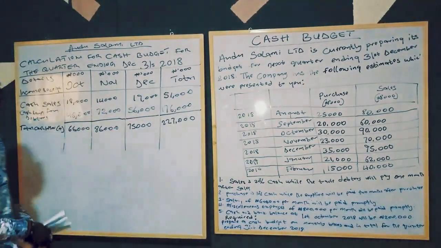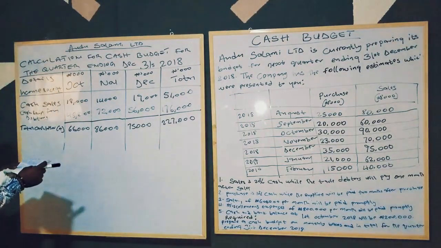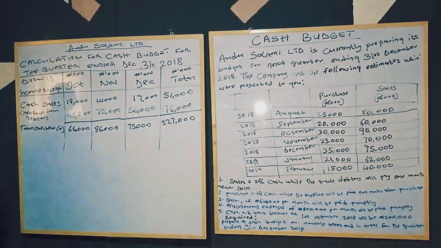And we have the total here. Now after this one, we go to expenses. They call it expenses, and you can also call it payments. So income, then payments.